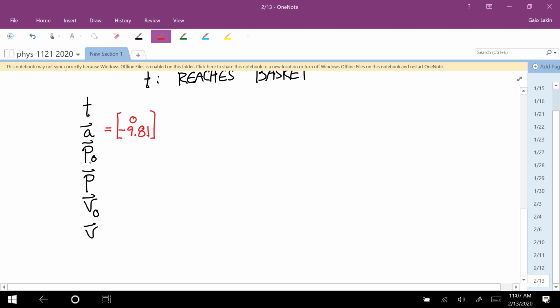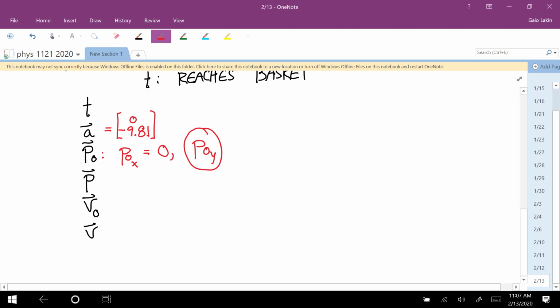The position at time 0, we know p0x, and we're looking for p0y. That's sort of an unusual variable for us to look for, but that's what we want here.